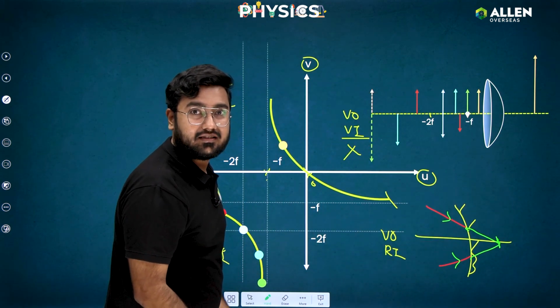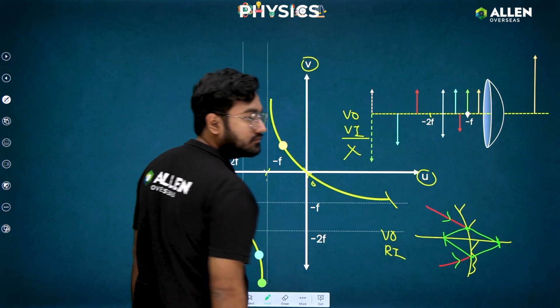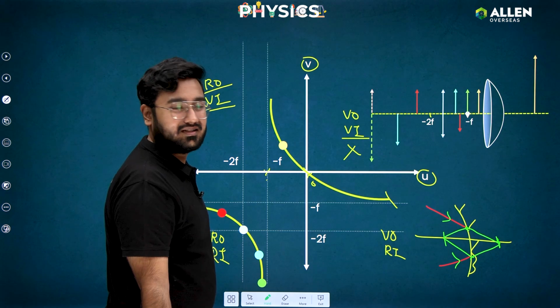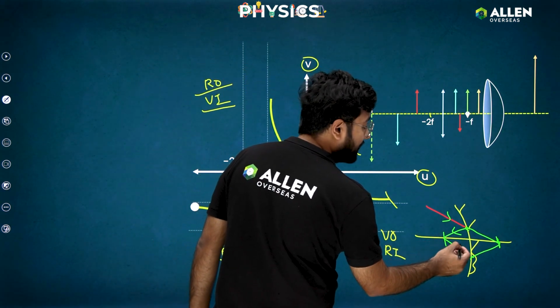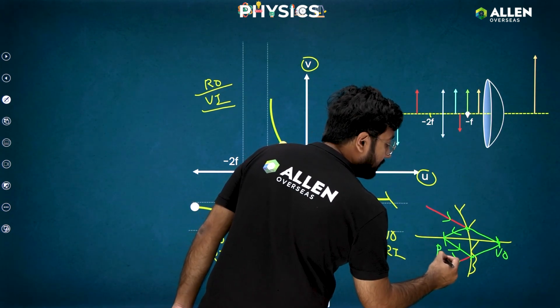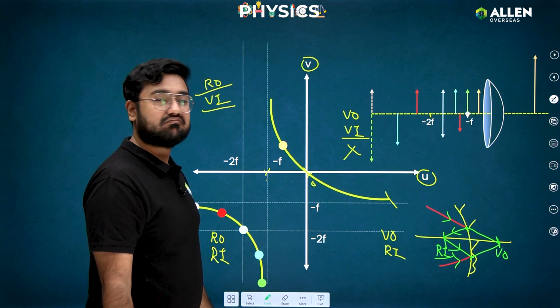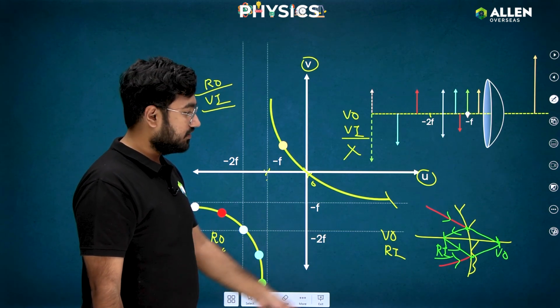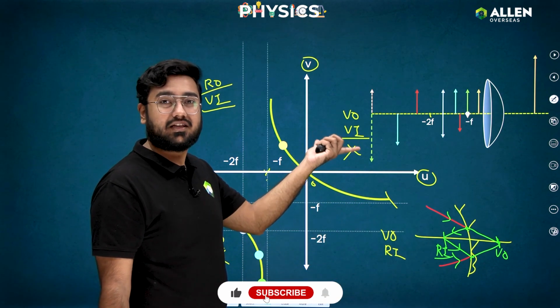It is a mirror, it is going to reflect. So where is it going to go? There. Getting the point? So no matter what, if you have a virtual object, you are going to get a real image of that virtual object. Basic. No virtual image of virtual object. Can never happen. So that is why no point.